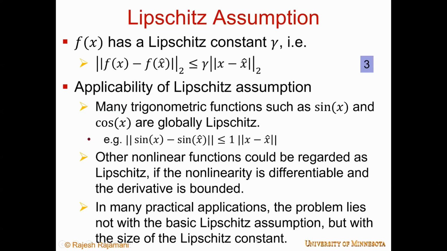And then if gamma is too big, the observer design LMIs turn out to be not feasible. And so the challenge is, if you can either keep gamma small, or find LMIs that are not very conservative, that can be more feasible for the given gamma.